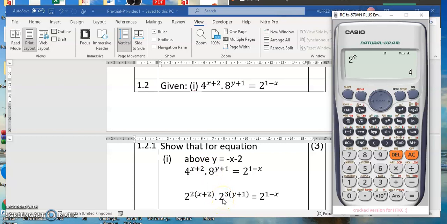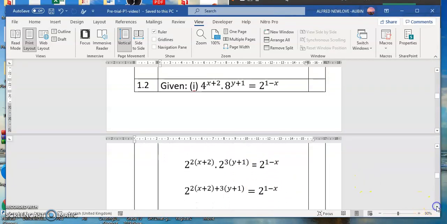So 2 to the power 3 is also what? 8. Let's check. 2 to the power 3 gives us 8. And already we have this exponent y plus 1. So the 3 is also going to multiply that. Then already we have this 2 to the power 1 minus x.